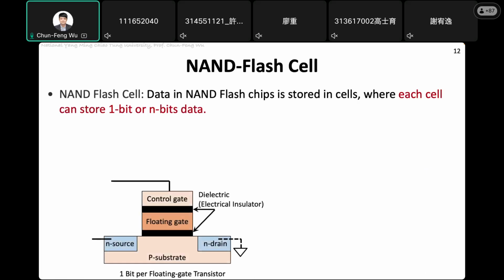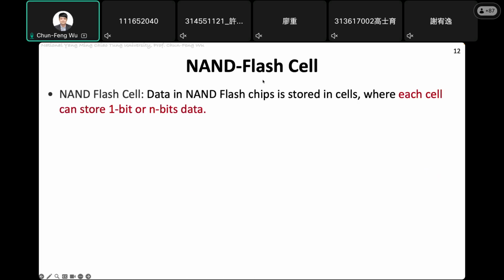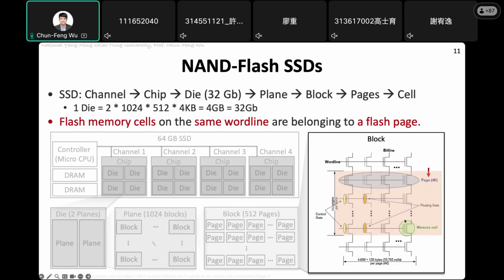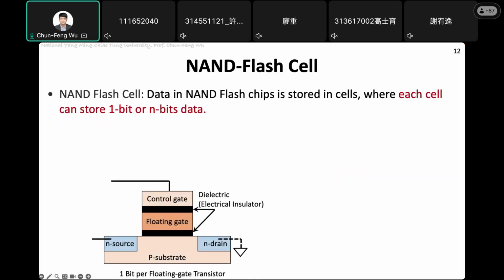And this structure is the floating gate structure for NAND flash cells. So you can think about this memory cell. If we give you a more realistic figure, it will look more like this. So there is a P-substrate, and then upon the P-substrate, there is a floating gate and a control gate. Okay, and P-substrate in Chinese, I think it should be P型基底, something like that.